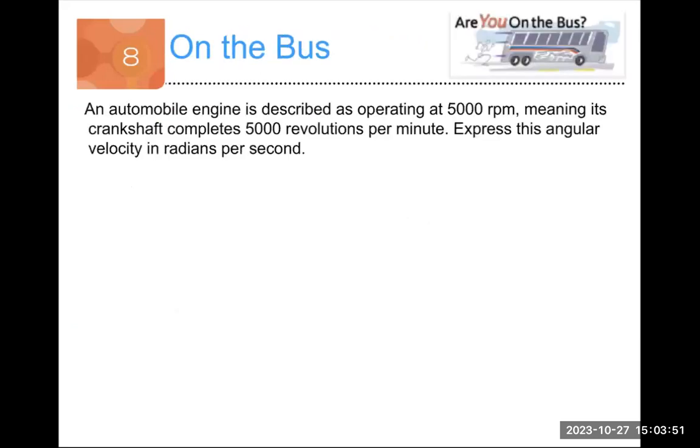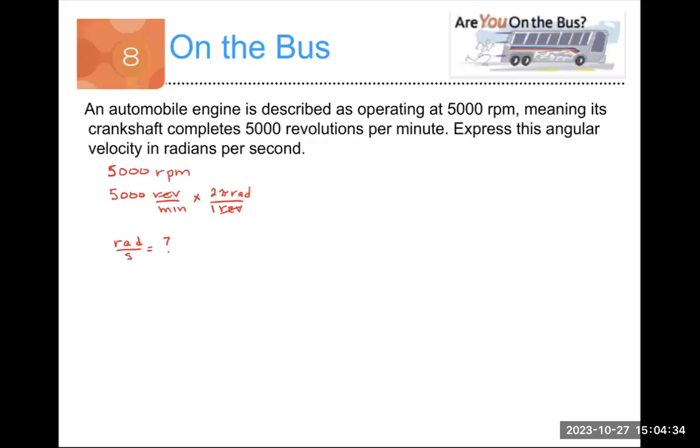So let's look at a few problems. In this one, we have an automobile engine that is described as operating at 5,000 RPMs. So we have 5,000 RPMs, which if you remember, that means we have 5,000 revolutions per minute. And you're asked to express the velocity in radians per second. Well, we go back to our conversion factor from the previous slide, and we saw that in 1 revolution, we had 2 pi radians.